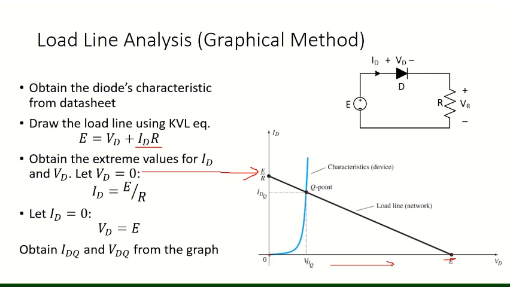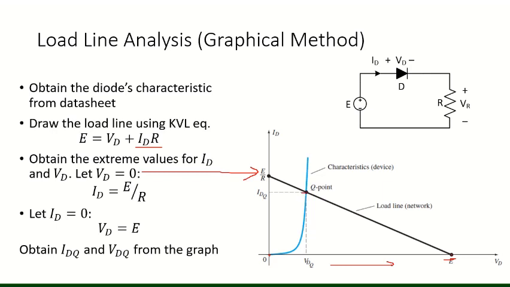And we must have the horizontal value, which in this case is E. We connect these 2 points, and we also know the characteristics of the diode we are using. The point where the load line crosses the characteristics curve is called the Q point.